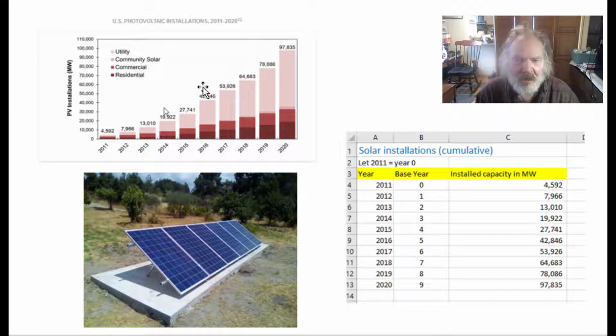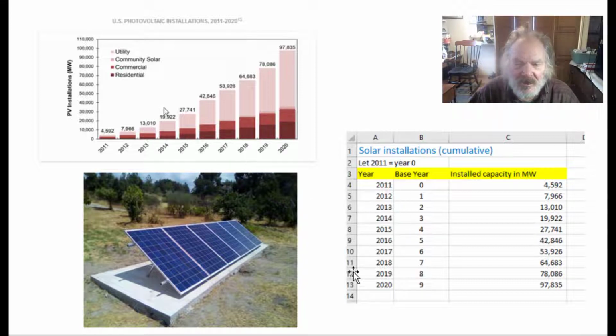So we're going to find an equation in Excel and use that to extrapolate what we would project for 2050, how much solar energy would be in the grid in 2050.